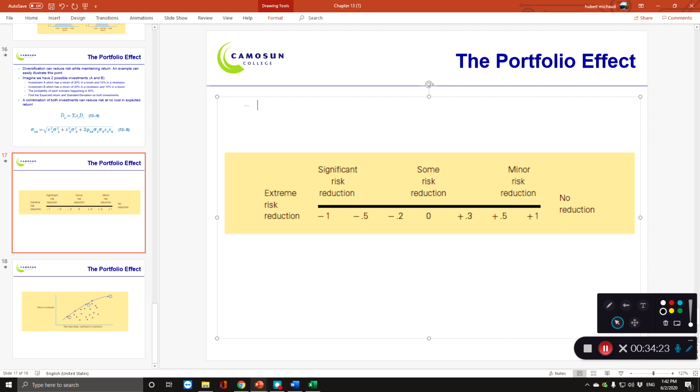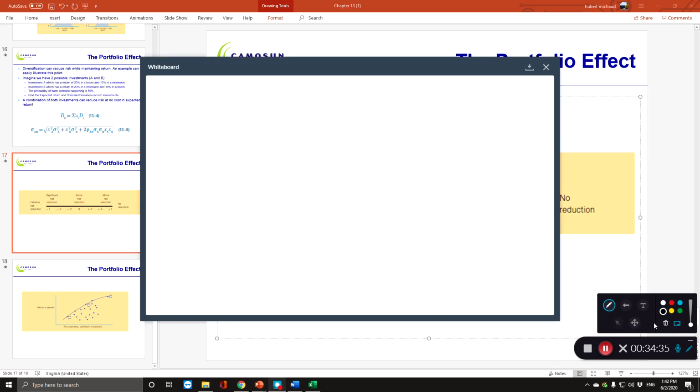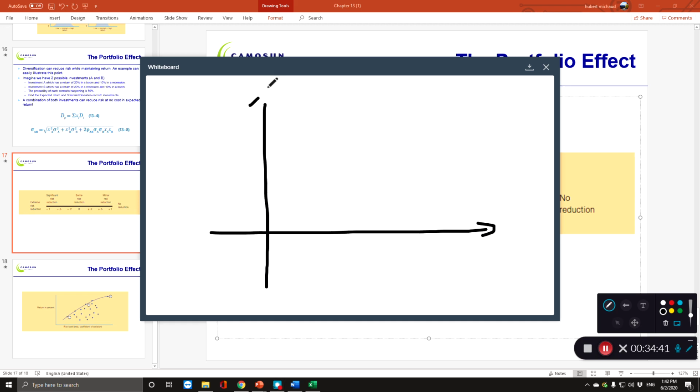It's the idea that as the correlation between different securities decreases, we can reduce risk by having a mix of different securities. So for example, if I redo the graph, we have BMO, we have Bombardier, and we find the correlation.